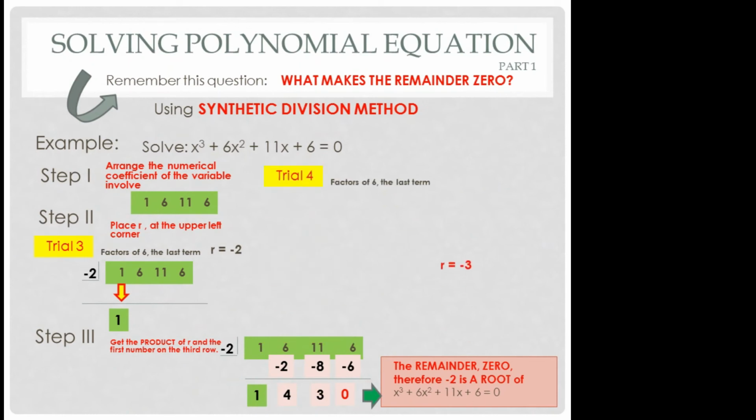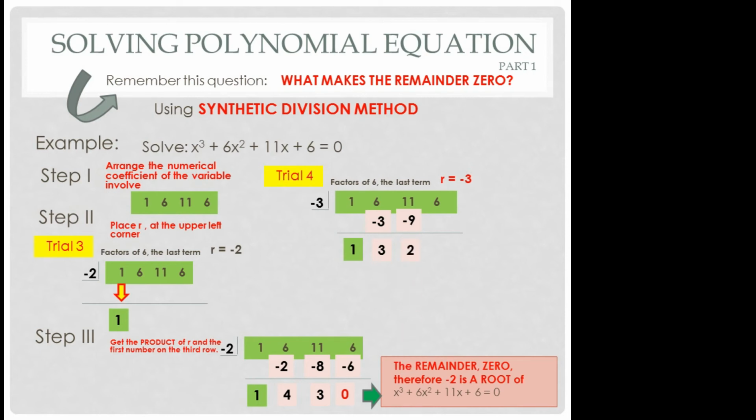For trial number 4, we will use another factor of 6, which is negative 3, to be our r. Negative 3 is a factor of 6 because negative 3 times negative 2 will give us positive 6. Negative 3 times 1 is negative 3. Combining 6 and negative 3, we have 3. 3 times r, negative 3, is negative 9. 11 combined with negative 9 is positive 2.